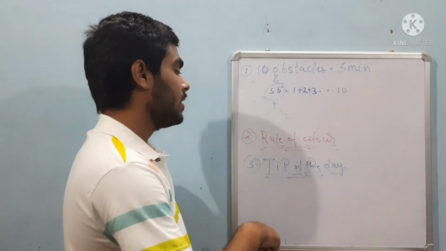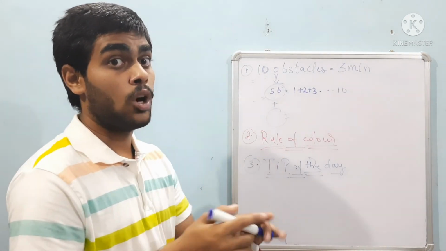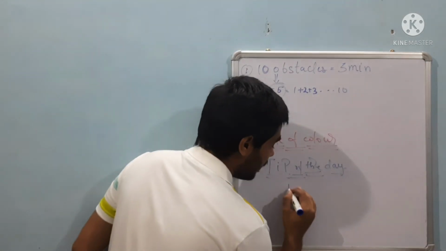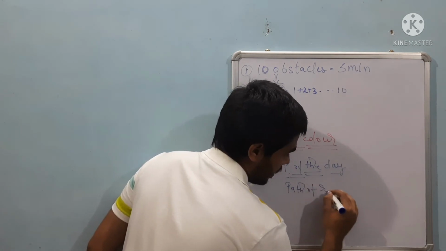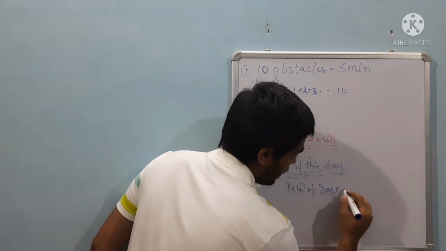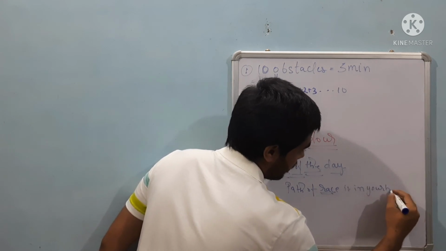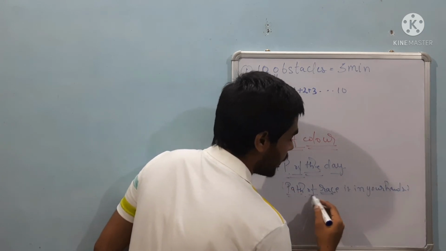That is, you can start with the 10th obstacle, which will give you 10 marks, or the 1-mark one. The path of the race is in your hands. You can choose according to your capability.